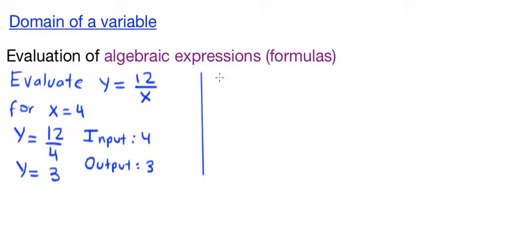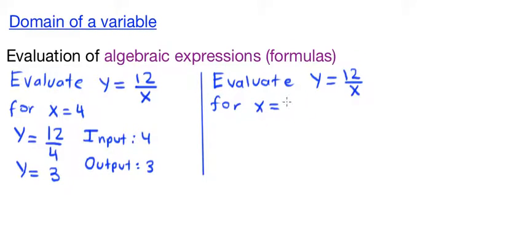Good. Now, suppose they say now evaluate y equal 12 over x, same formula, but now for x equal 0. Well, direct substitution again will show that y should be equal to 12 over 0, y equal undefined.